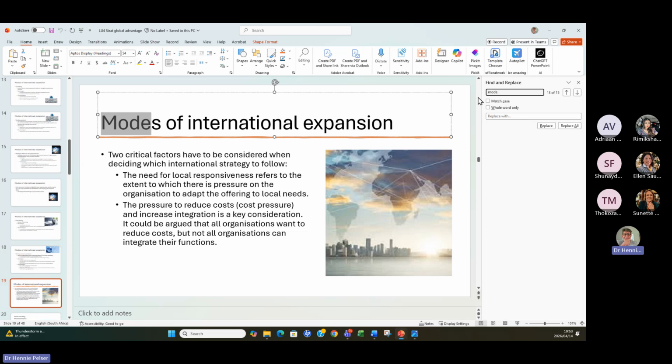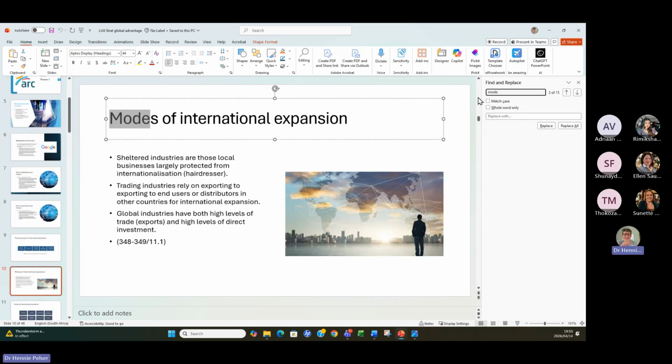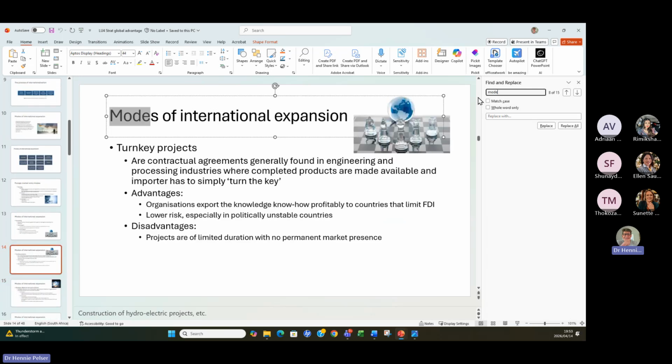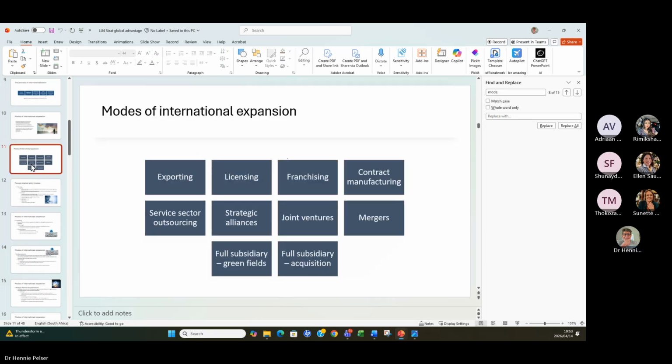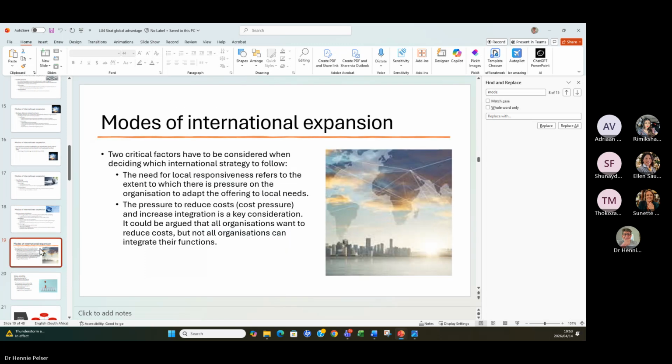Looking for a particular slide. Yeah, no, you see, this is where they're using some of the old ones. Sorry, guys. Okay. So the slides we're looking at are these.